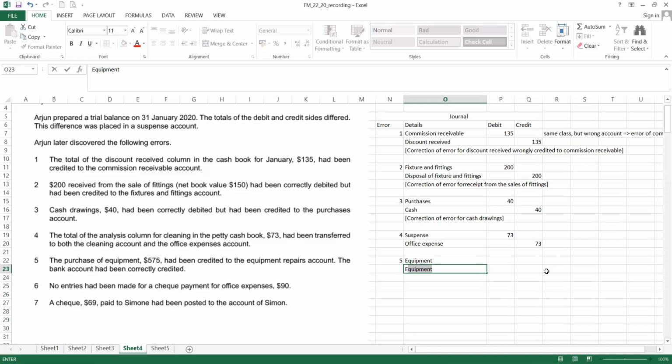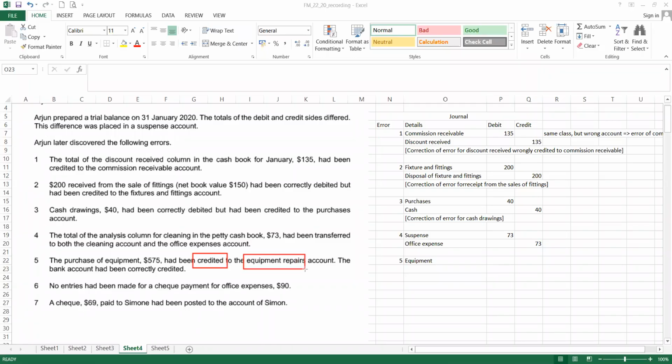They say it was credited, so we have to debit back the equipment repair because this should be reversed. So in this case, both sides are debit, so we have to use the suspense account. So here 575. So take these two amounts and add them together.